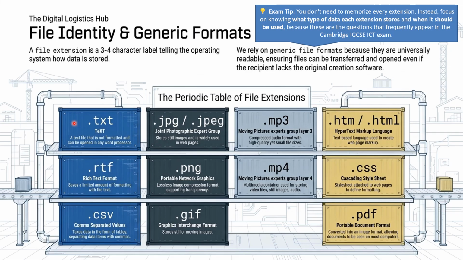Next is .rtf, or rich text format. Unlike a text file, it supports basic formatting such as different fonts, bold text, and colors while remaining compatible with many word processors.